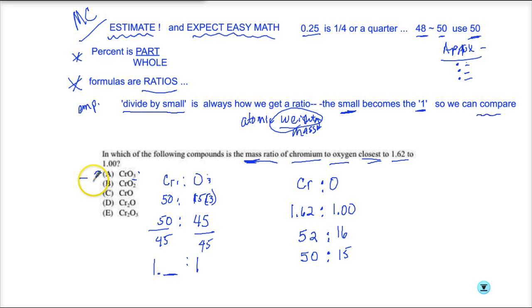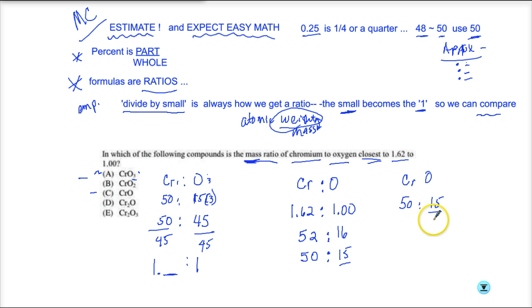If I drop down and look at choice C, it is CrO. Well, that is going to be 100, not 100, silly, 50. So my Cr is 50 to oxygen 15, and there's 1 of them.